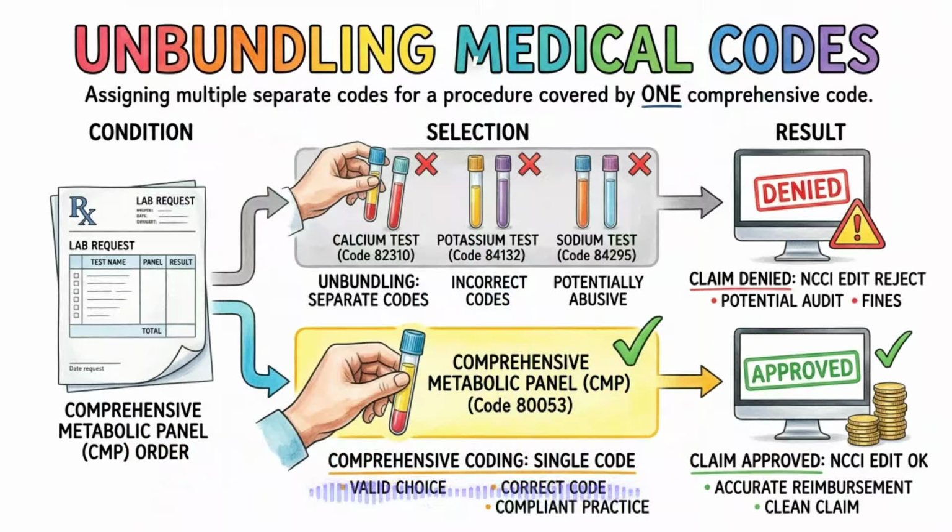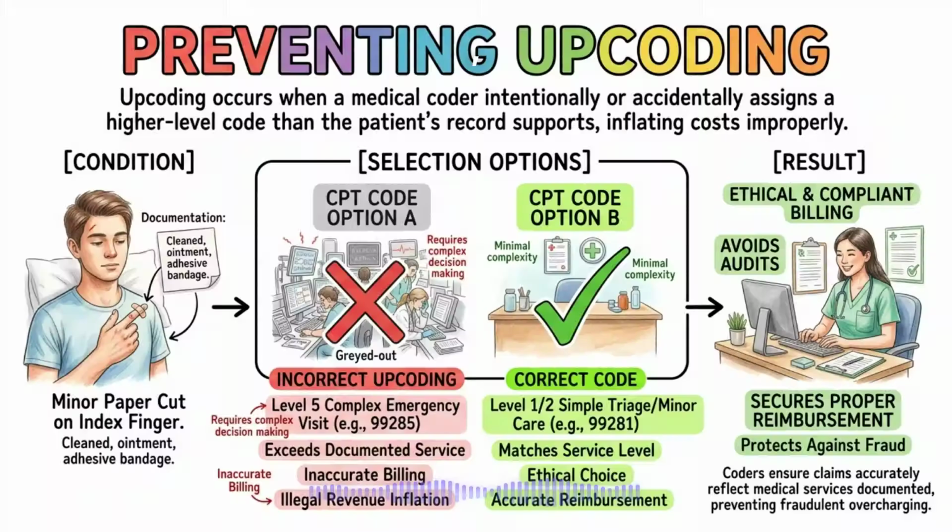For example, if a single code exists for a comprehensive metabolic blood panel, you cannot unbundle it and charge separately for the individual calcium, potassium, and sodium tests. NCCI edits will automatically catch this error, deny the individual codes, and flag the facility for potentially abusive billing practices.